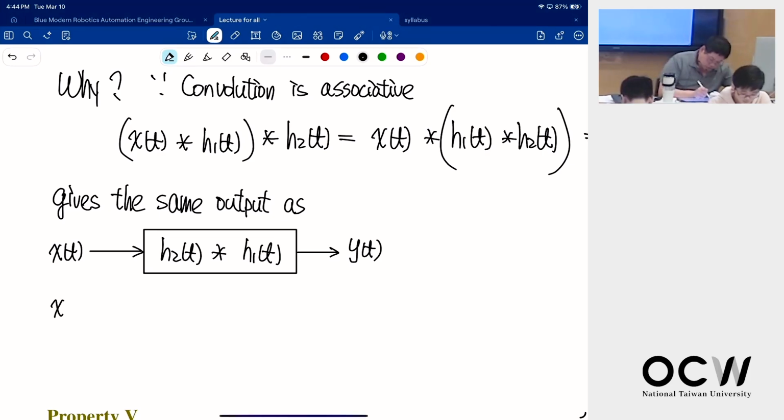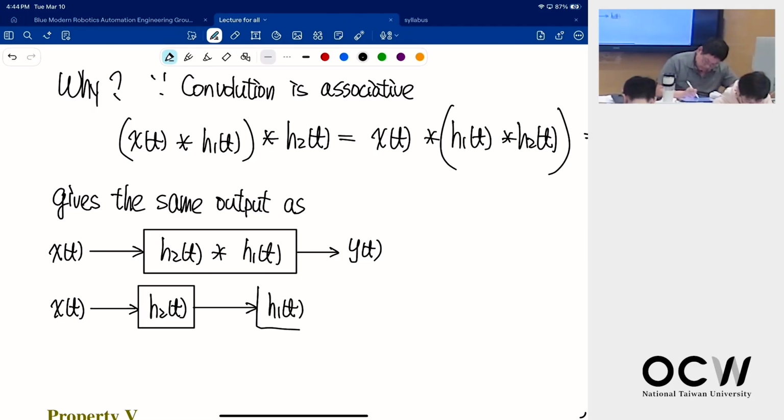So that means x goes to h2 first, goes to system 2 first, and then goes to system 1. Only when the system is linear time invariant, okay, so you can switch.